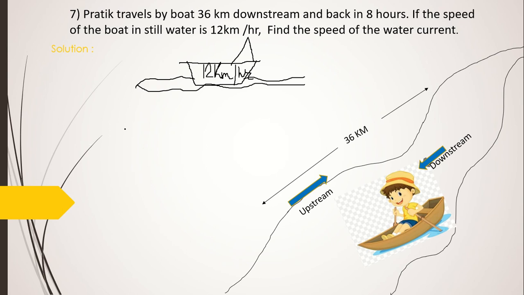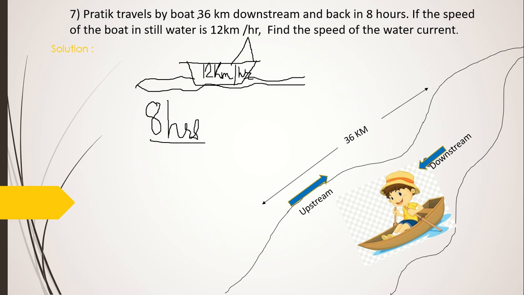See what all is given, slowly step by step we will go. He starts from here, he goes downstream and then he comes back upstream. All this journey he completes in 8 hours. This is what is given.